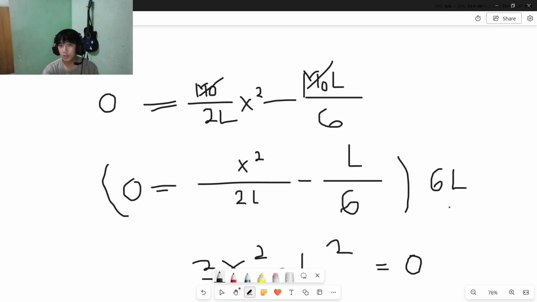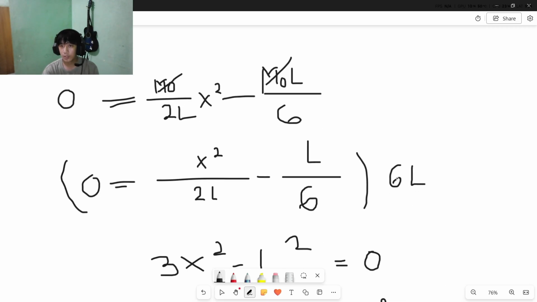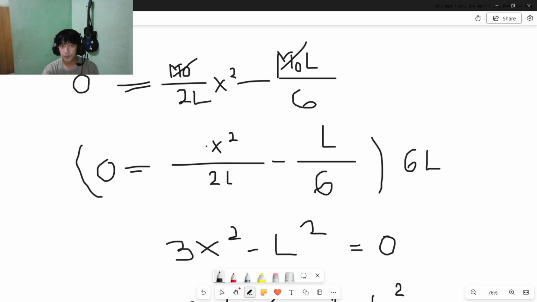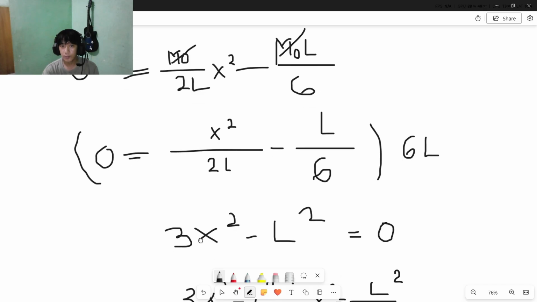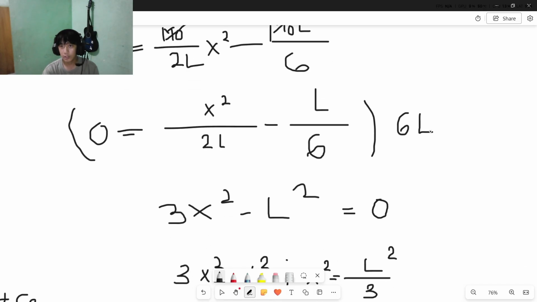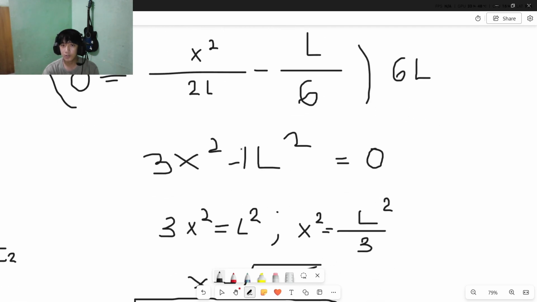So to simplify, we multiply both sides by 6L. So 6 over 2 is going to be 3, and then our L will just cancel out, so 3x squared minus, then we do the same on this side. 6 times 1 over 6 is going to be 1, and then the L would be squared, since L times L is going to be L squared.